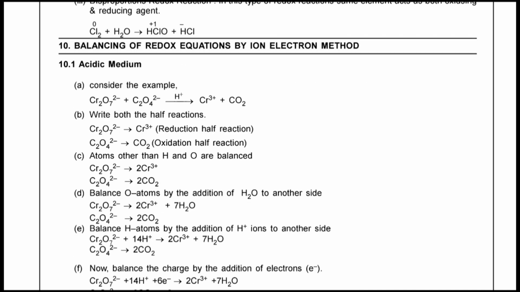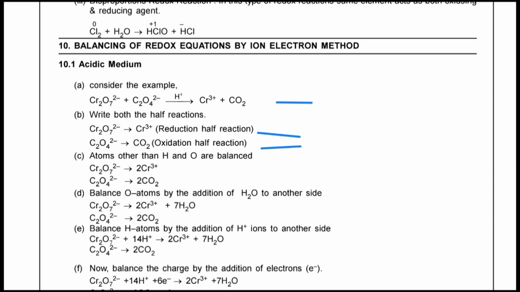So today we see how to balance redox reactions. When a reaction occurs in acidic medium, as in this example, we write the oxidation half reaction and the reduction half reaction as two reactions. Then we balance the oxygen and hydrogen atoms.